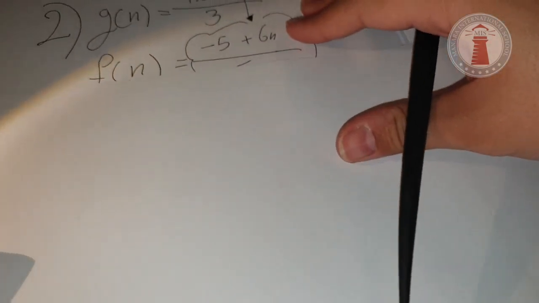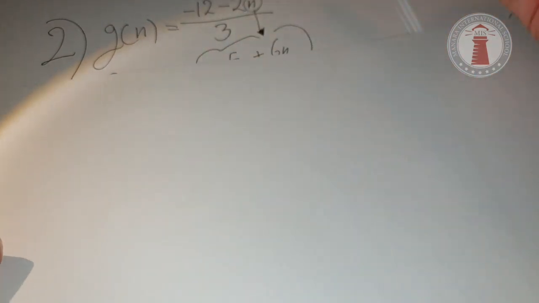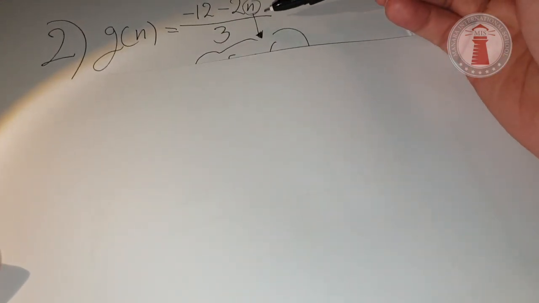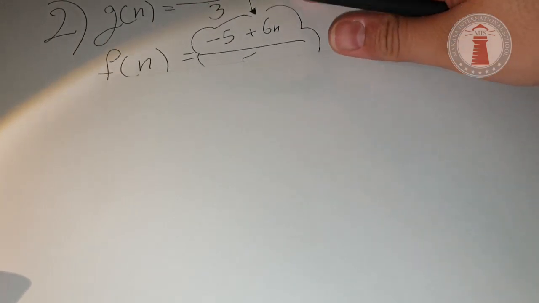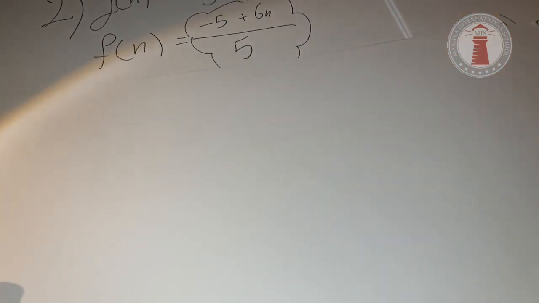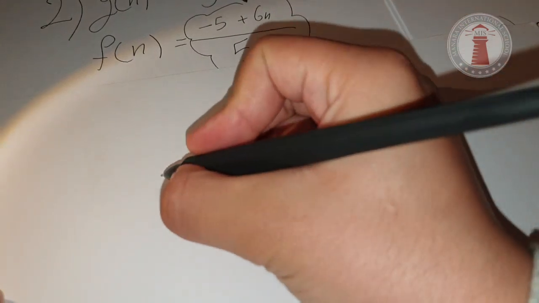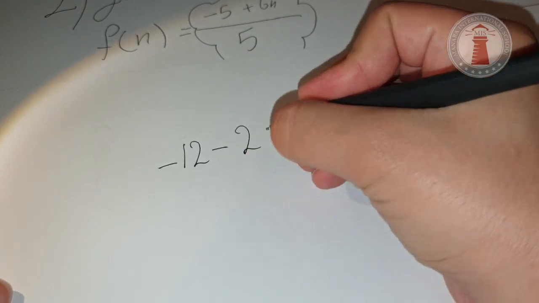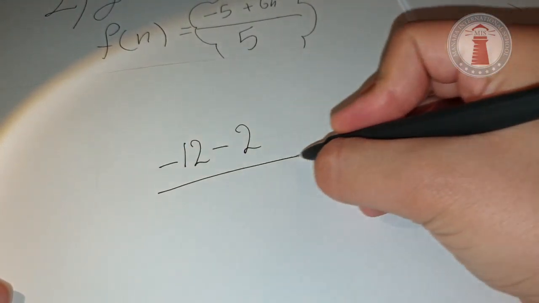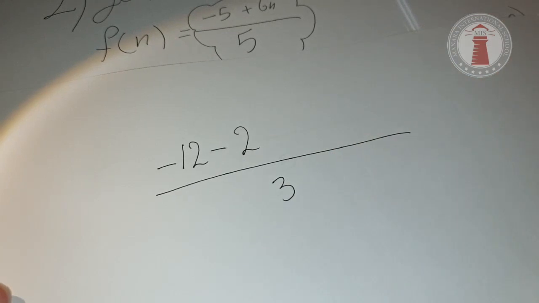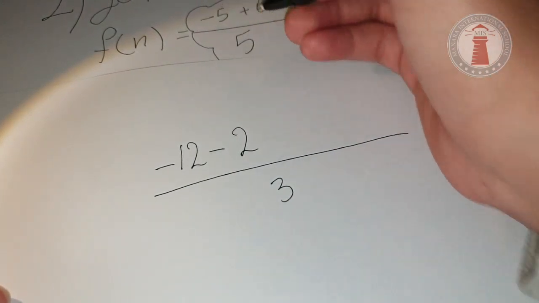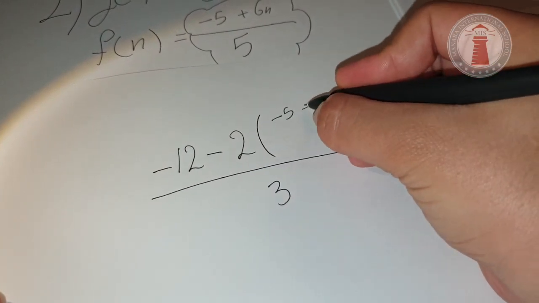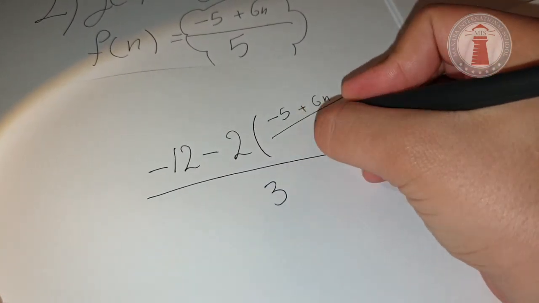So here we have the first one, which is negative 12 minus 2n over 3, and the second one is negative 5 plus 6n over 5. So here we'll be having negative 12 minus 2 instead of n. Here the denominator 3 is still the same. Instead of n, we'll put this whole thing, in a bracket, negative 5 plus 6n over 5.